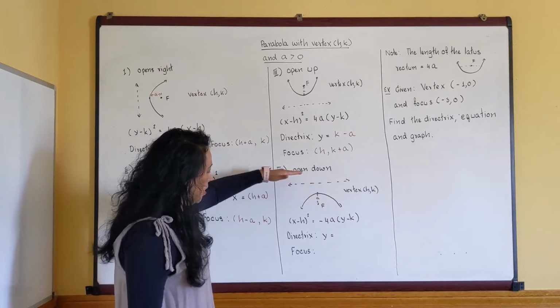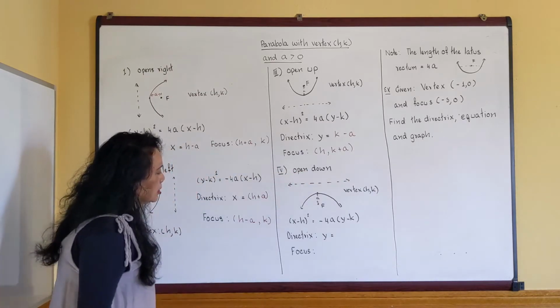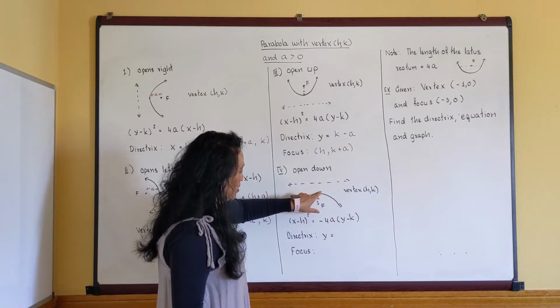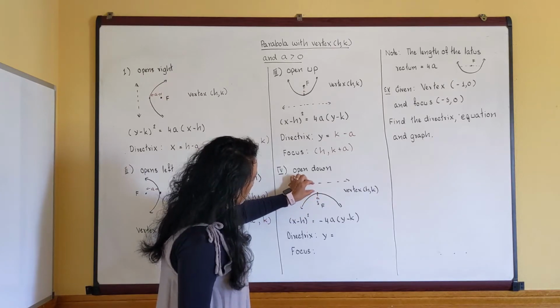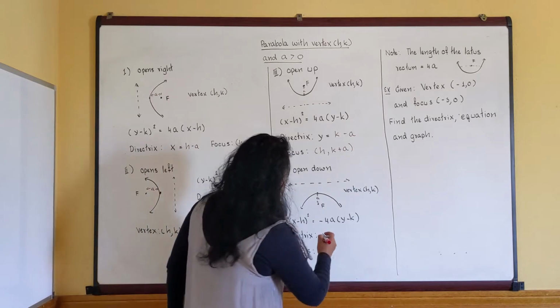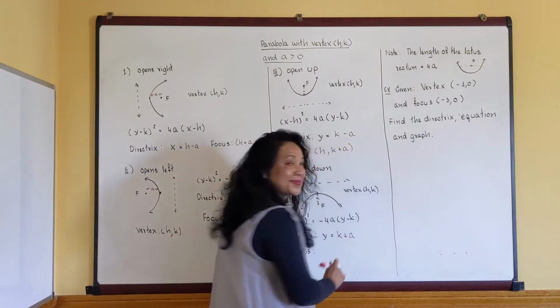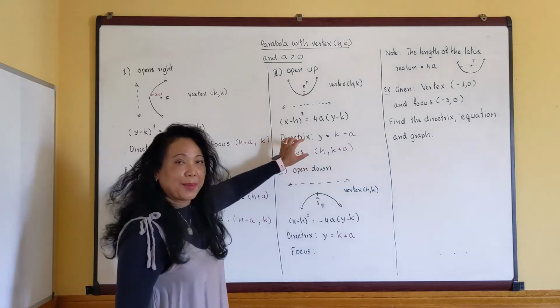The directrix again is going to be a horizontal line, and it's going to be y equal to something. So (h, k) is over here. However, the directrix, if this is a, this is also a. It's going to be k plus a because it's going up.